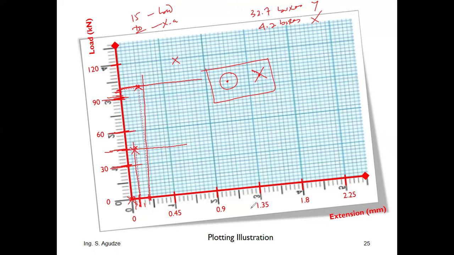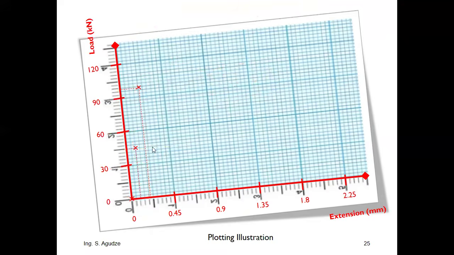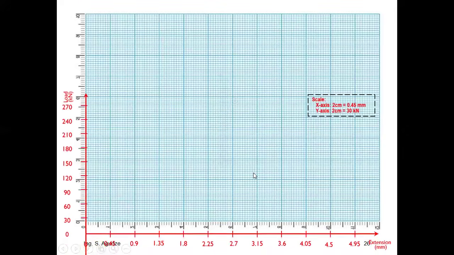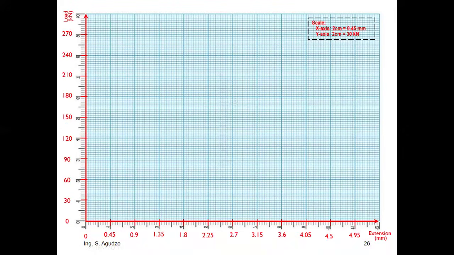Okay, so as per the stress strain graph, you see that after you have been able to establish your scale, you must graduate your graph. Remember, it's a load extension curve.